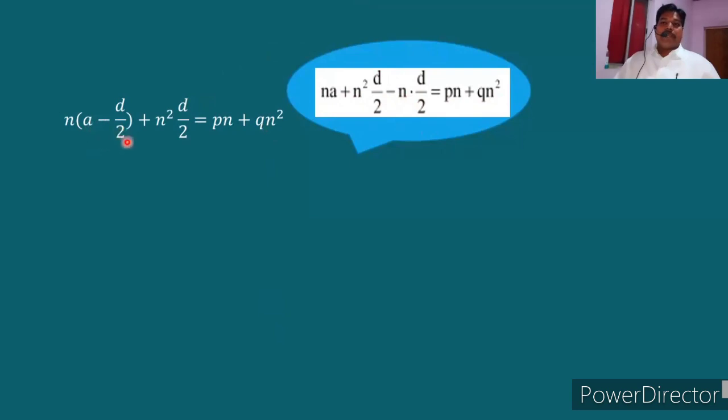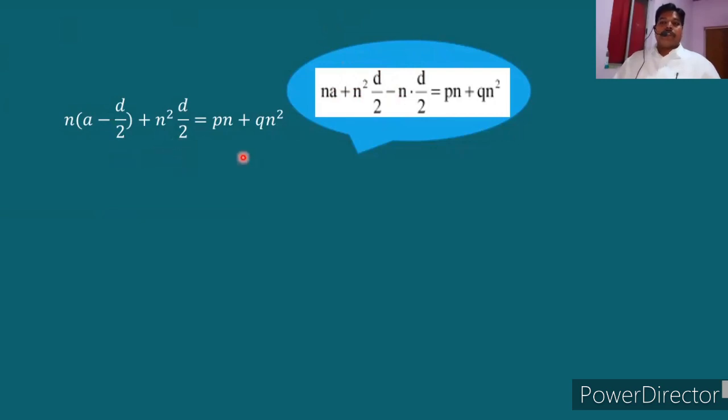It will become n into a minus d by 2 plus n square into d by 2. Are you observing, students? From these two terms, na minus n d by 2, I have taken n common.